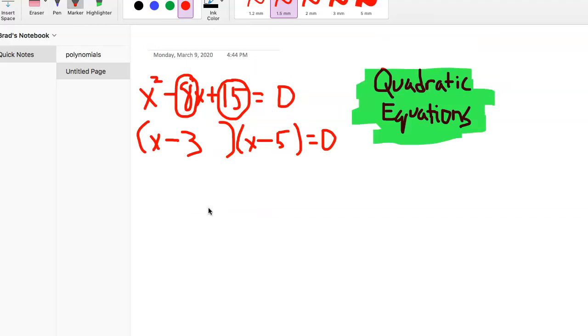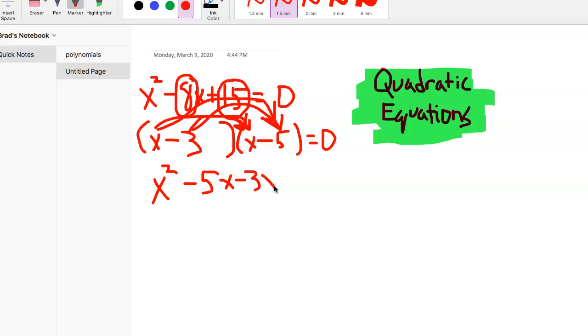If you want to go ahead and multiply this out, the way it works is you go inside times inside, inside times outside, and so on. So what we're left with is x times x is x squared, x times negative 5 is negative 5x, negative 3 times x is negative 3x, and then negative 3 times negative 5 is plus 15.